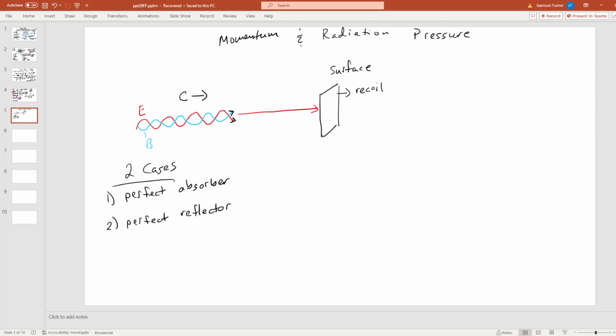And things are going to behave a little bit differently depending on the situation. Now, if you think about it, this should make some sense. If the surface completely absorbs the light, like if it has a really nice matte black finish, then the recoil will be a little bit smaller. Whereas the perfect reflector should have a larger recoil.